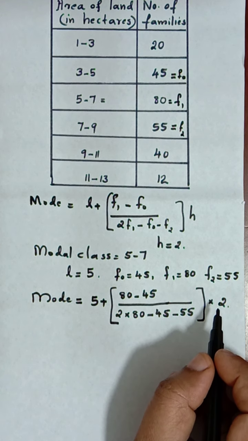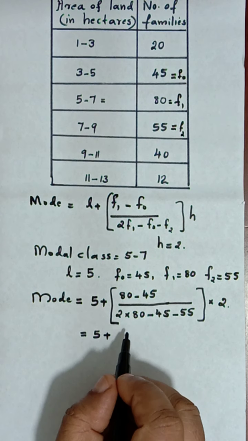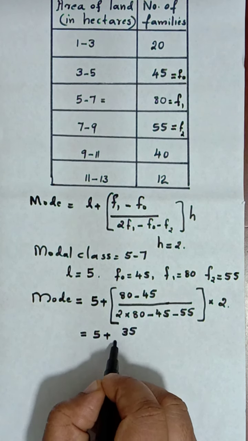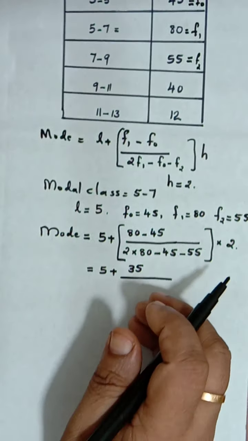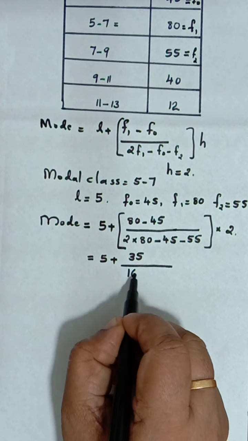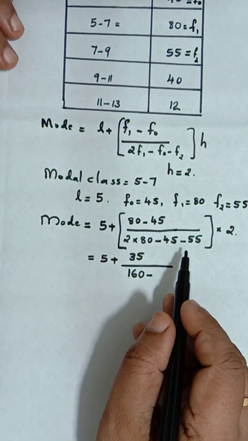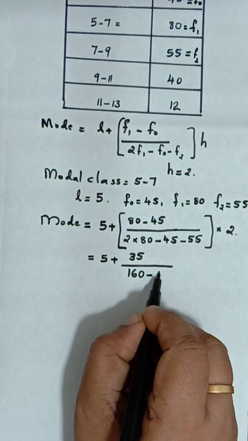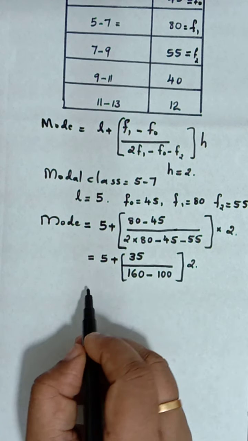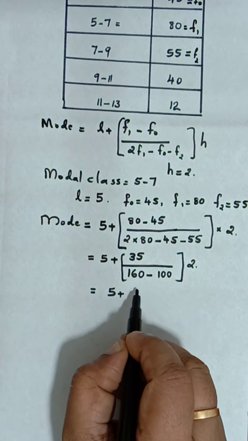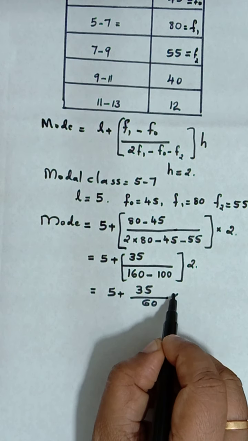It is equal to 5 plus 35 divided by 160. Both are having negative sign, so we will add both, 55 and 45, together it is 100, into H, that is 2. So that's equal to 5 plus 35 divided by 160 minus 100 is 60, into 2.